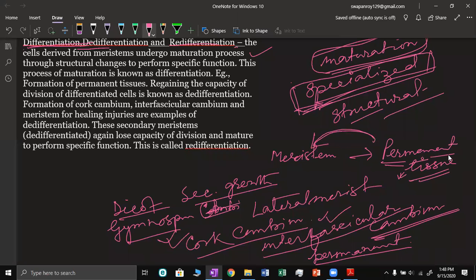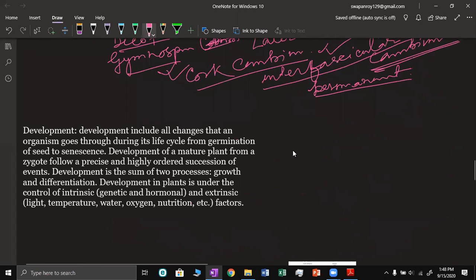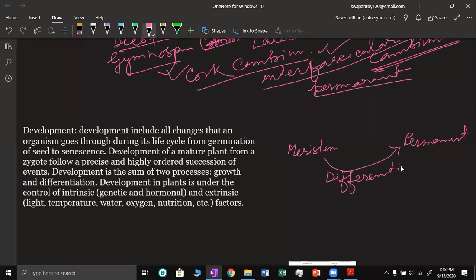When the permanent cells come back to meristematic activity, this is called de-differentiation. I will say this is a meristem, okay? Meristem changes into permanent. This is differentiation. This permanent tissue again comes back to meristem.